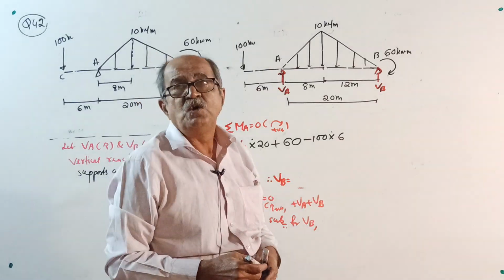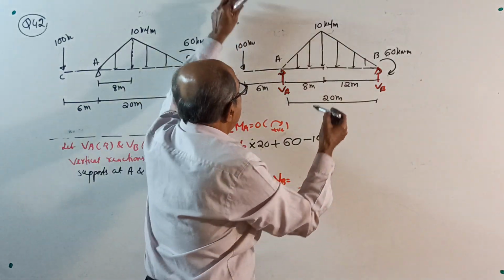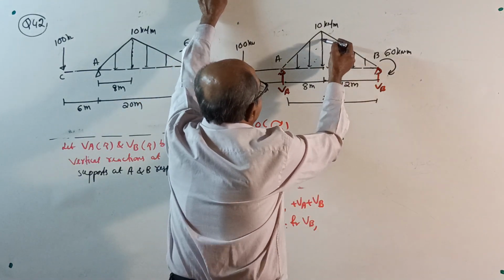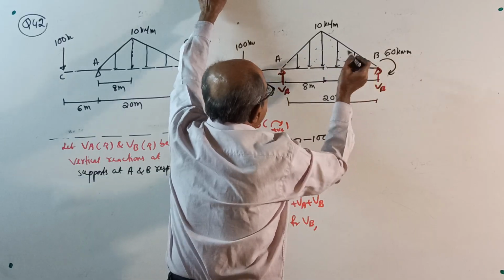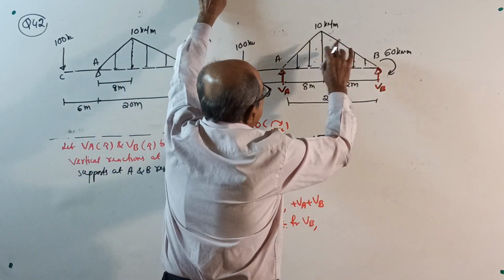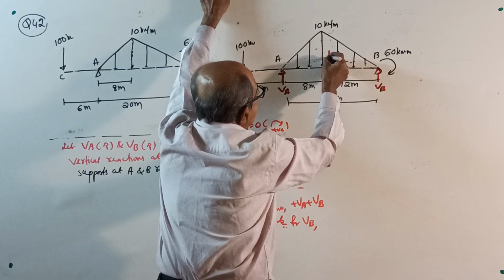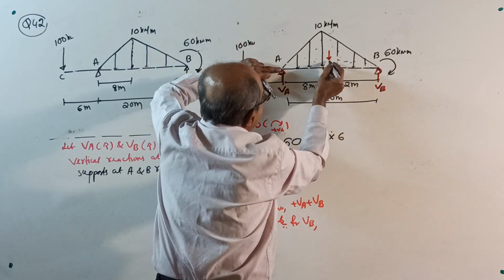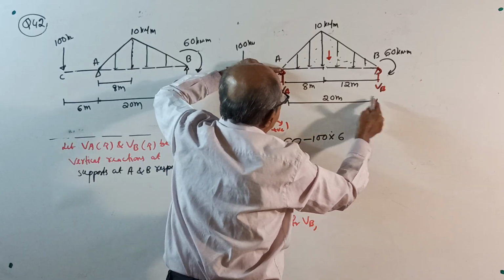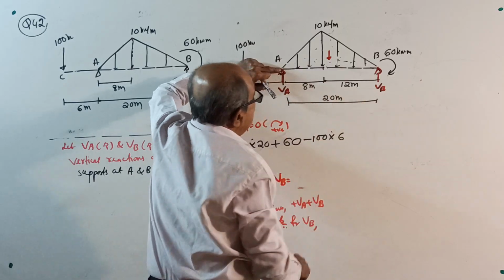Make a note. You have two options. One option, take the entire UVL. Put the sketch like this. Then the total load will pass somewhere here. I told you thousands of times: from here to here will be this length plus this cut length divided by 3.